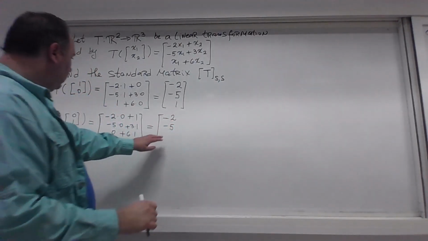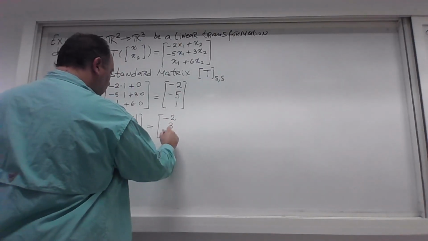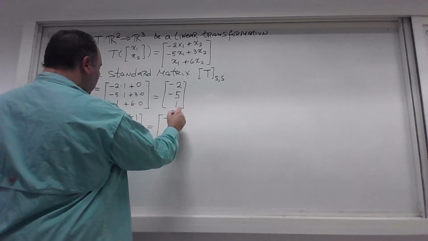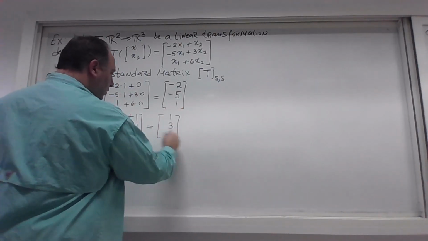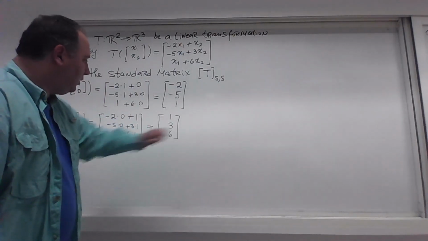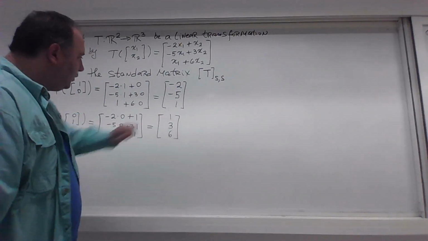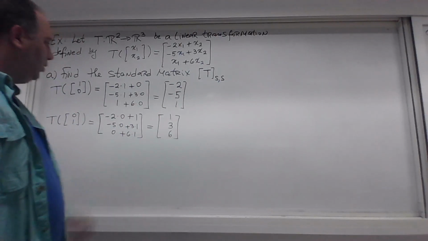This is 3, and this is 6. Okay, so these are objects in R3. These vectors are equal to their coordinates in the standard basis, we know that.